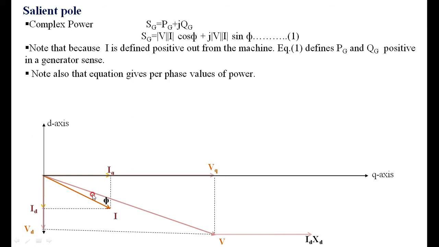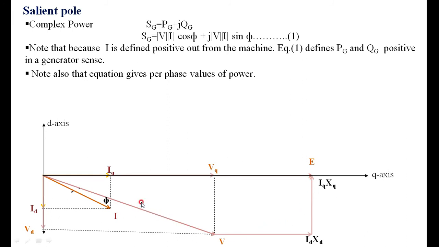Therefore, to the tip of V I draw the IDXD, which is perpendicular to ID. Then to the tip of IDXD I add IQXQ, which should be perpendicular to IQ. So the phasor sum of V plus IDXD plus IQXQ gives the value E, the generated voltage.